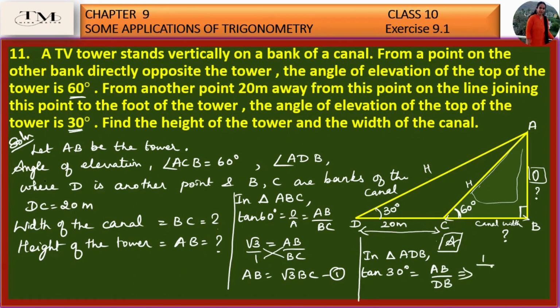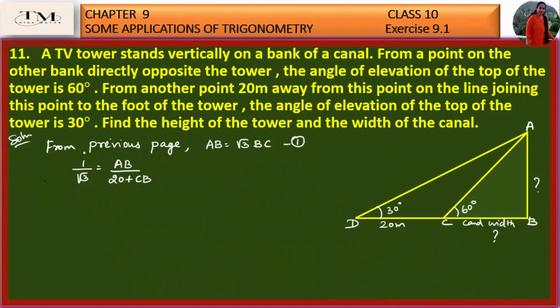Tan 30 is 1 by root 3, equal to AB by DB. DB can be written as DC plus CB. So 1 by root 3 equals AB by 20 plus CB, since DC is 20. Till now remember, we will move on to the next page.